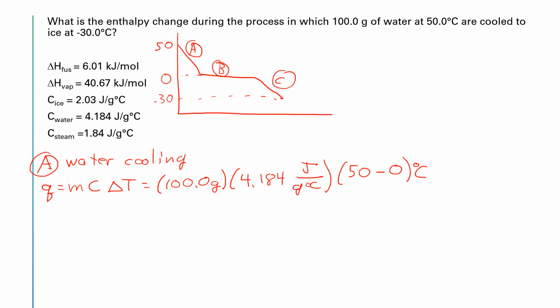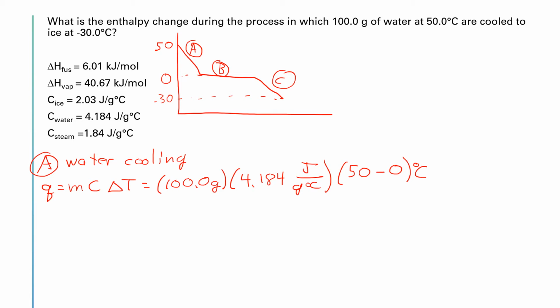Now, deltas really should be final minus initial, but when I work these heat problems, I always set them up to give me positive numbers. And when I'm all done with the whole calculation, I ask myself, should this be endothermic or exothermic, in order to make sure that I get the correct sign. And then I just assign it the sign that is correct for the process.